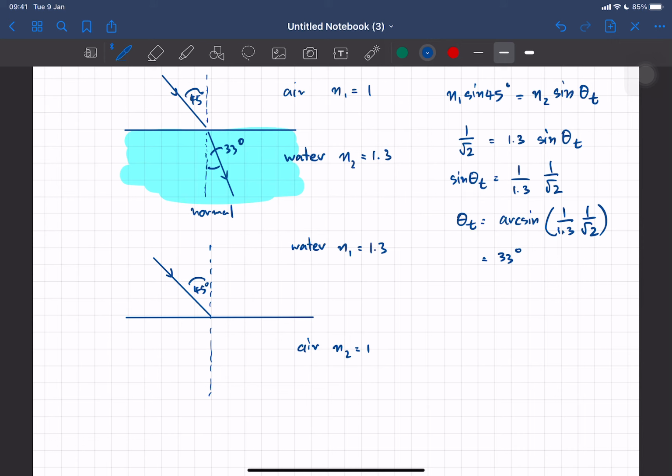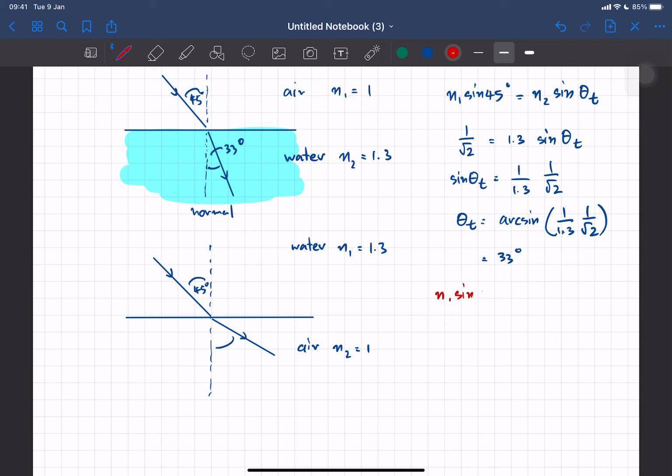Now in this case, because it's going from high index to low index, we know that it's going to refract away from the normal line. So it's going to go this way. And we're going to use Snell's law to calculate this again. But in this case, n1 and n2 are different from what we had up there. In this case, n1 is 1.3.